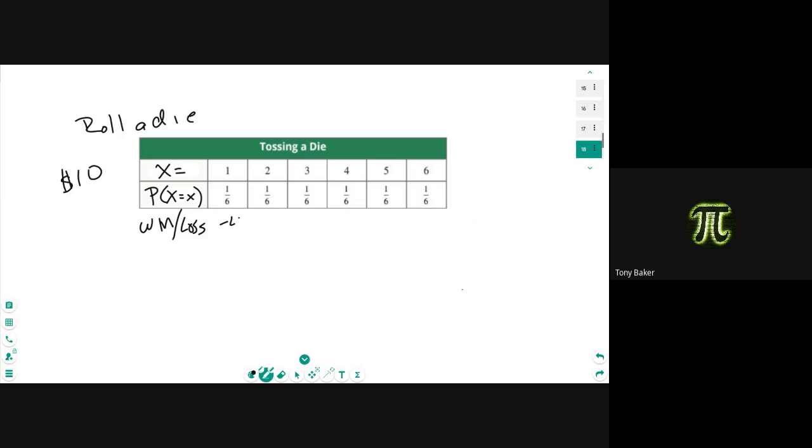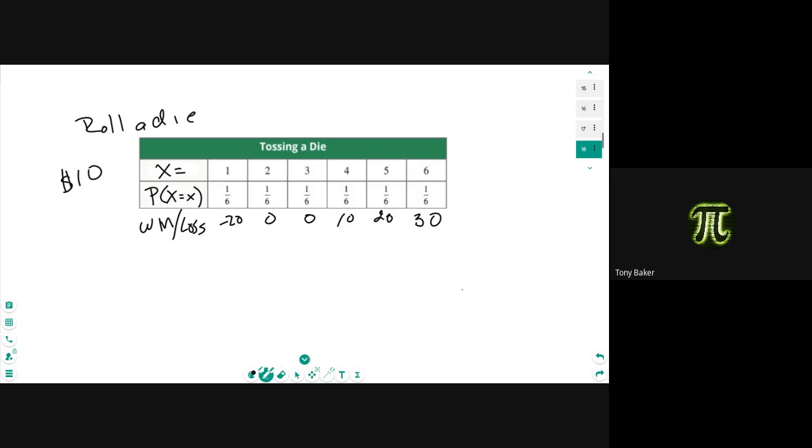If you roll a 1, you're losing $20. 2 or 3, you're not making anything. 4, you're winning $10, 5, you're winning $20, and 6, you're winning $30. What is the expected value of this game?